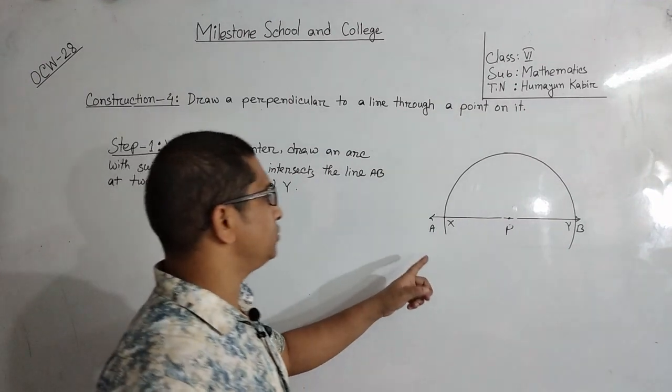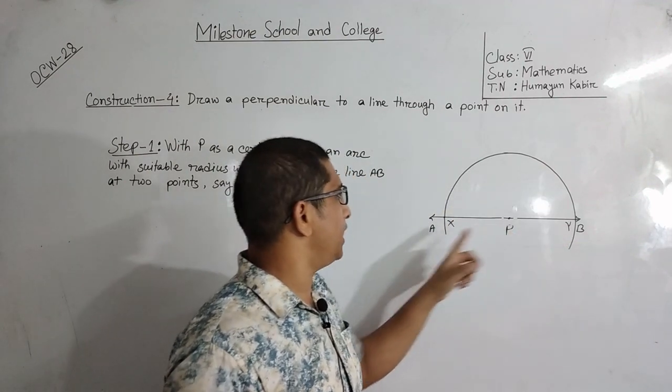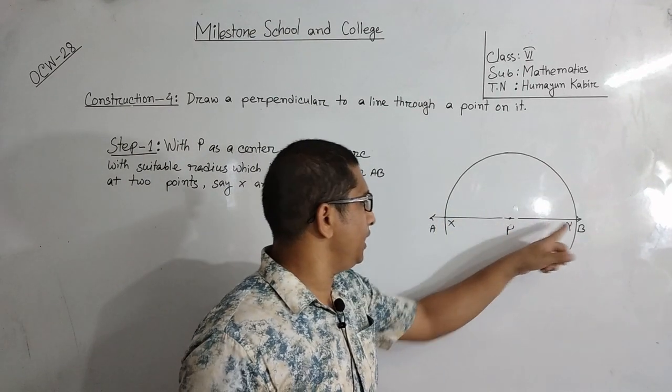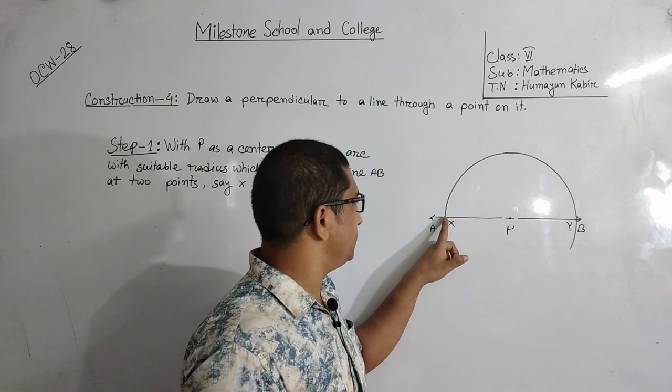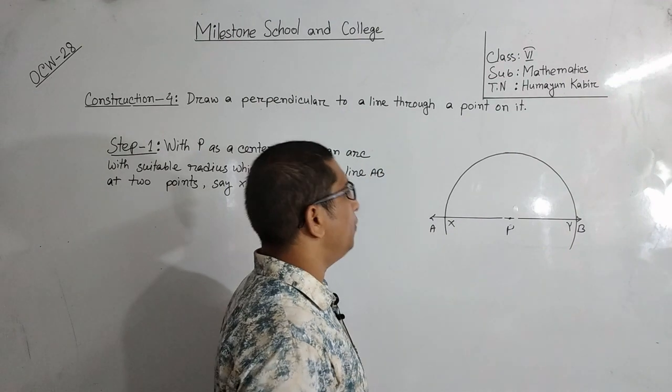At first we will draw here one arc. So this arc intersects the line AB here for this point and this point. Say this point is X and this point is Y.